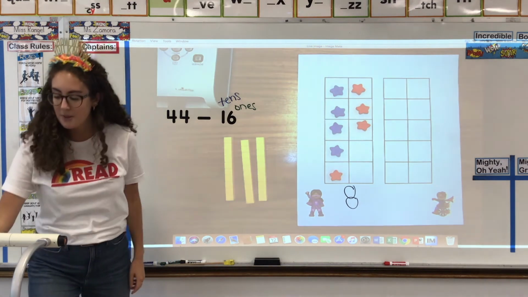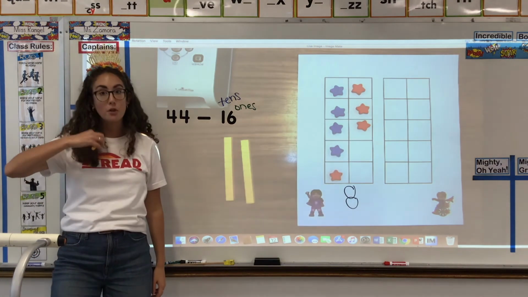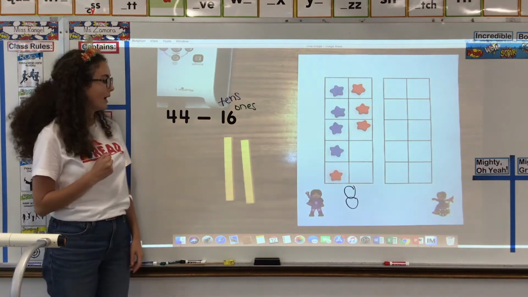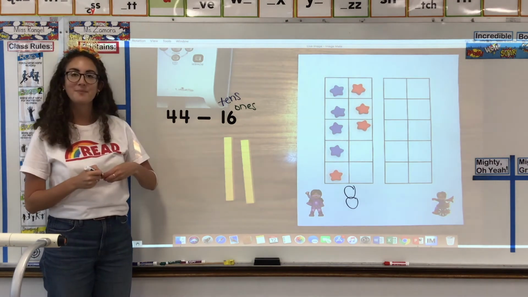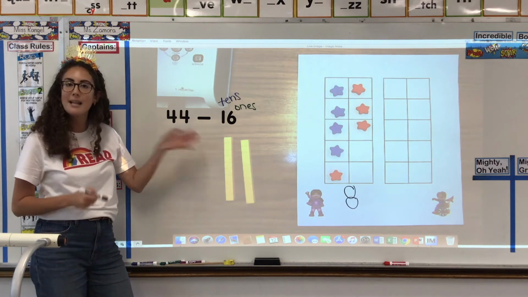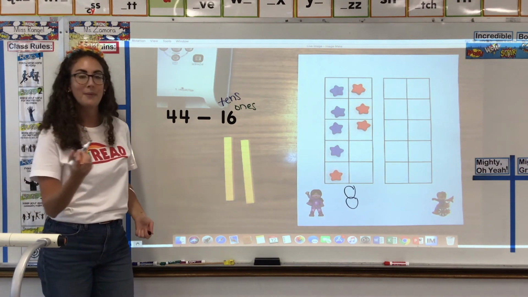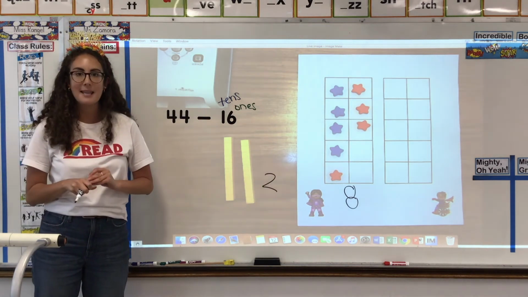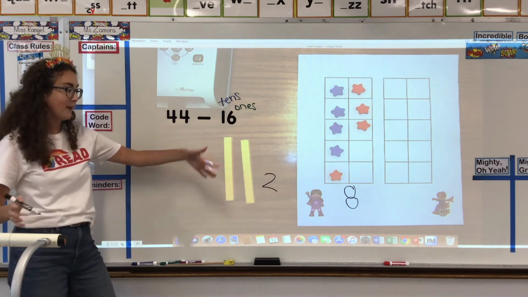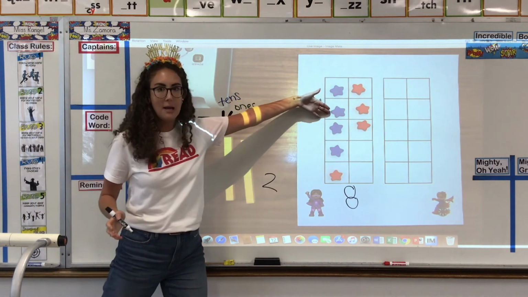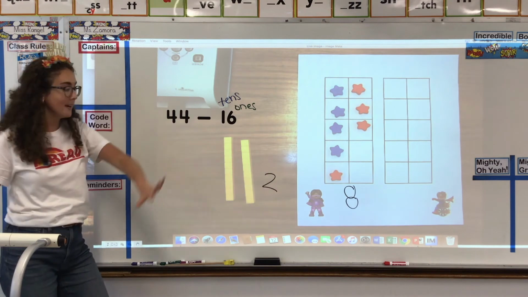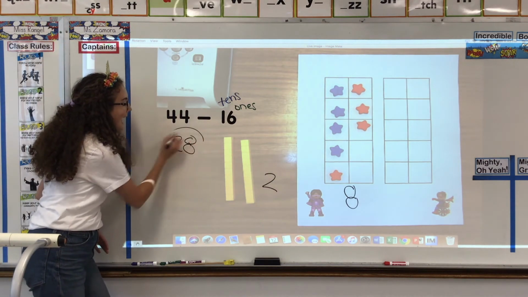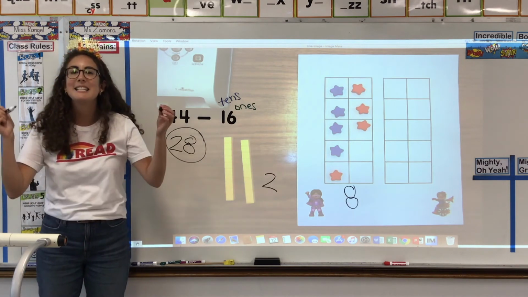So can we go ahead and do that? You're going to subtract 1 ten. How many tens are we left with? 2, exactly. We're left with 2 tens. So if we have 2 tens and 8 ones, what's our final answer? It is 28, of course.